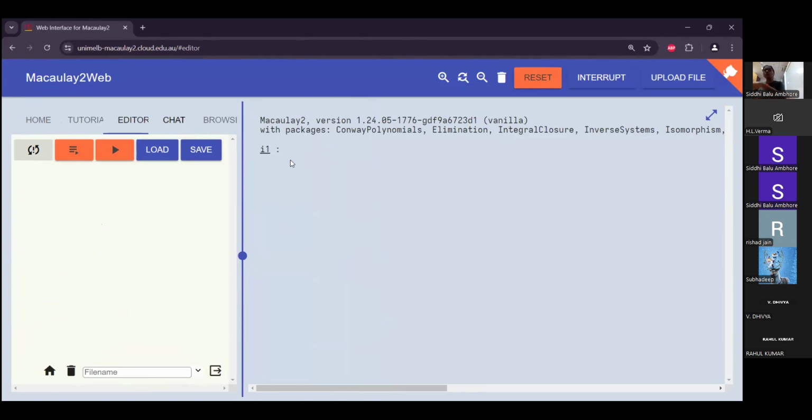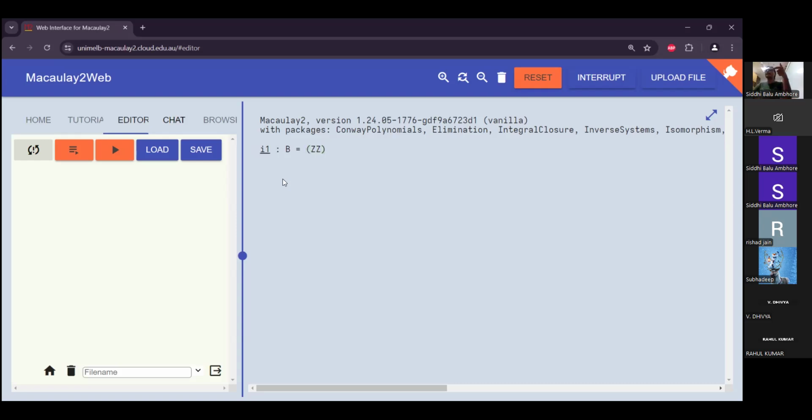Okay, so we want to define this ring A, Z mod 4Z x, y, quotiented by y minus x square. In order to do that, first we need to define this ring B, Z mod 4Z x, y. Z mod 4Z is defined like this in Macaulay 2.